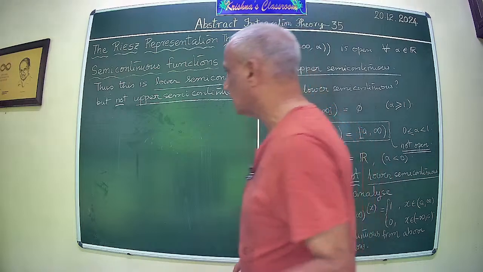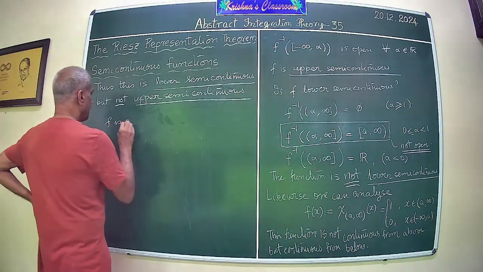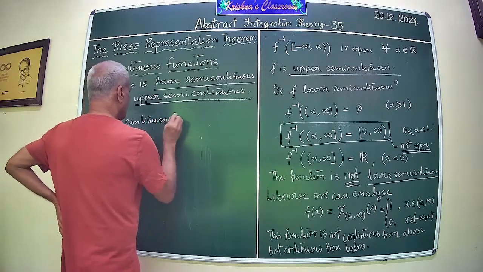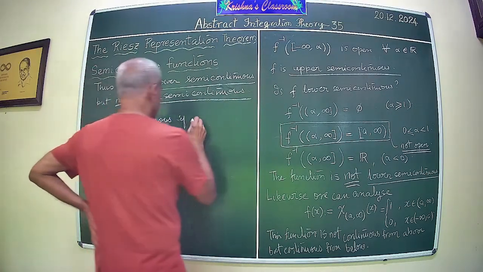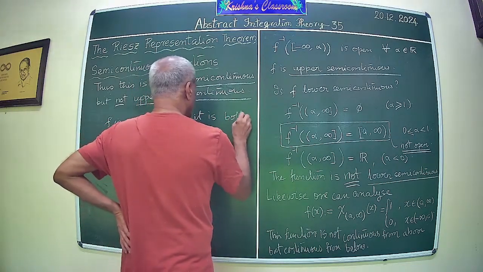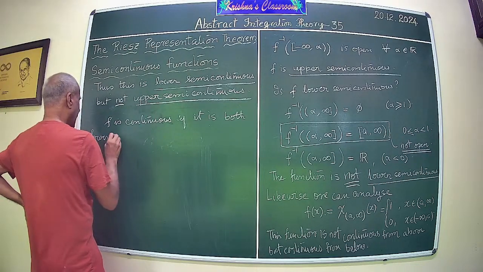Now you see that F is continuous if it is both lower and upper semicontinuous.